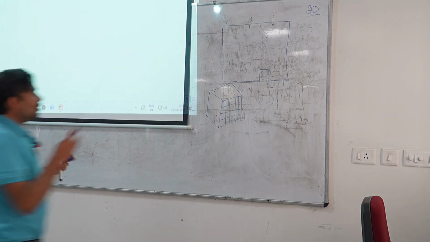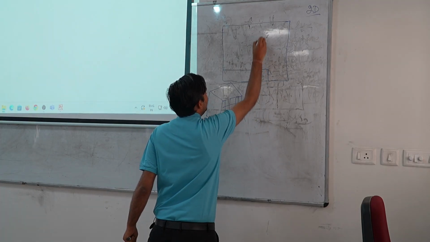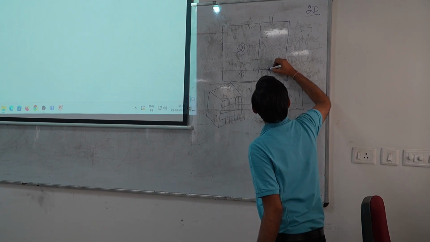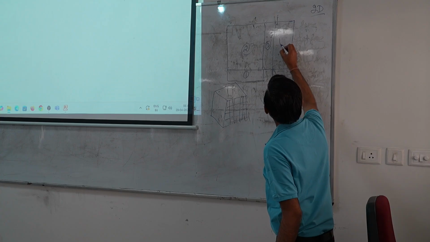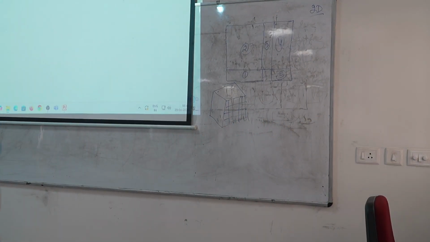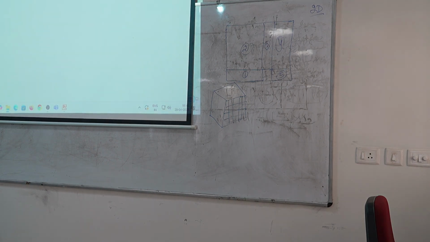So I will split it from here, and this will be box 1, box 2, I will also split it like this, this will be box 3, then split it like this, which can be box 4 and box 5. If I split it into 5 boxes, then I can prepare this entire geometry by just assembling all the boxes. So that is what we will be doing now. How to do it? Let us see in the blockMeshDict.